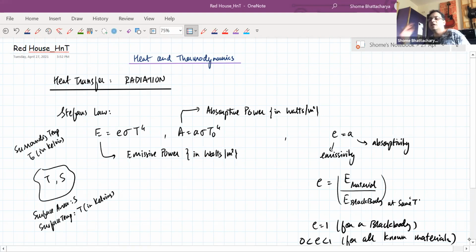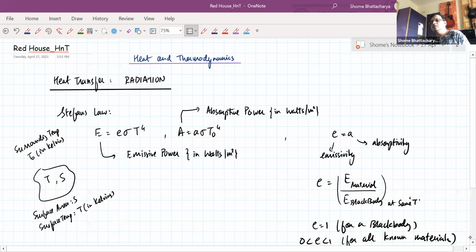Okay. It can be argued that e is nearly equal to 1 for a black hole, but here we are talking more about materials in the context of heat and thermodynamics related systems on the surface of the Earth. We're not talking about an extreme situation of the phenomena of a black hole, where because of infinite density and massive gravitational field, it has completely warped properties compared to normal matter.